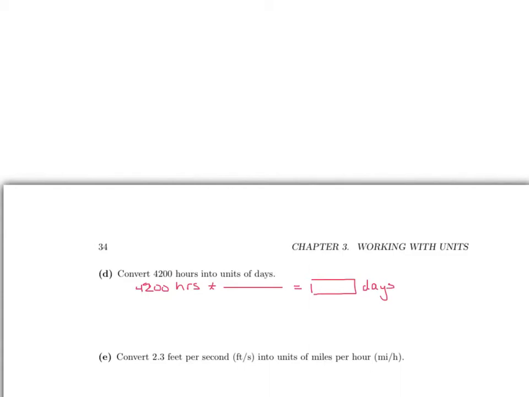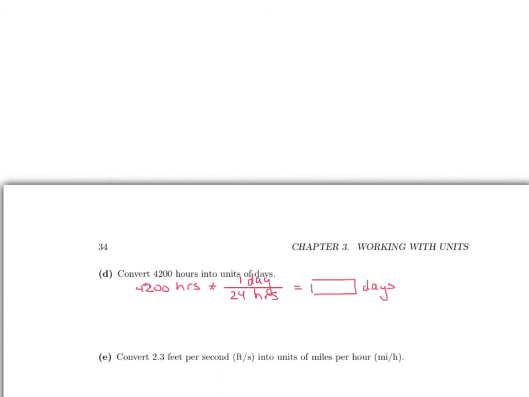So our conversion factor here needs to relate hours and days. We know that there are 24 hours in one day, so the appropriate conversion factor would be 1 day over 24 hours.